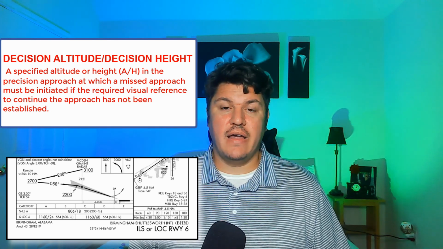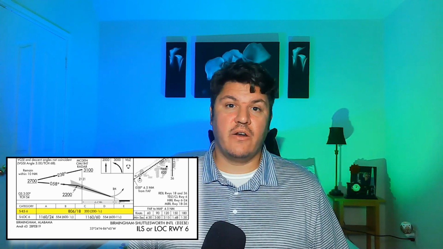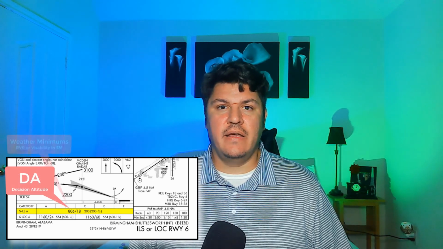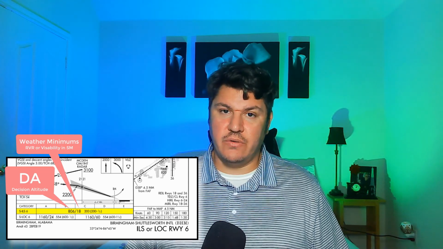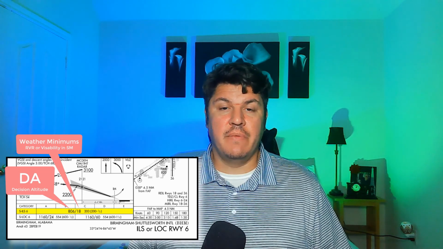In this case, the ILS runway 6, fairly easy because it's the same for all categories A through E: 806 feet. The second number here, the 18, is the RVR value that we must have in order to execute this approach. That is 1,800 feet. It's in hundreds of feet.